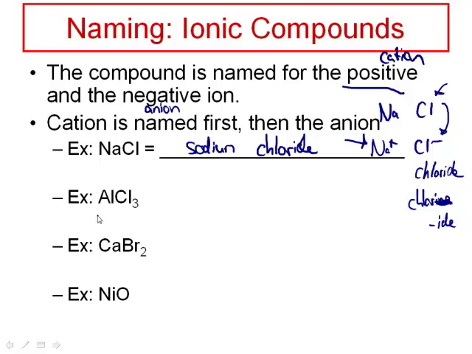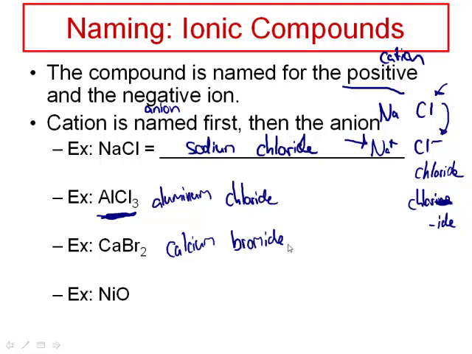Okay, if you look at this next one, for the sake of argument, AlCl3, this is called aluminum chloride. Okay. CaBr2, this is called calcium bromide. Now again, the way we got that, calcium here is a 2 plus ion.